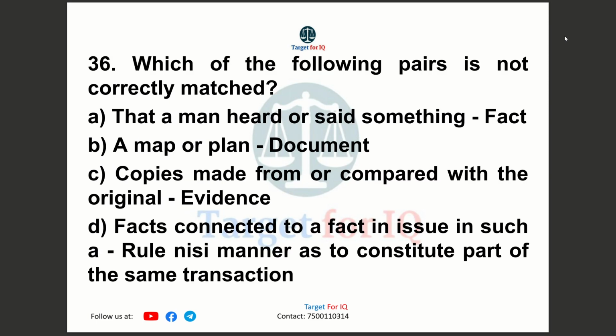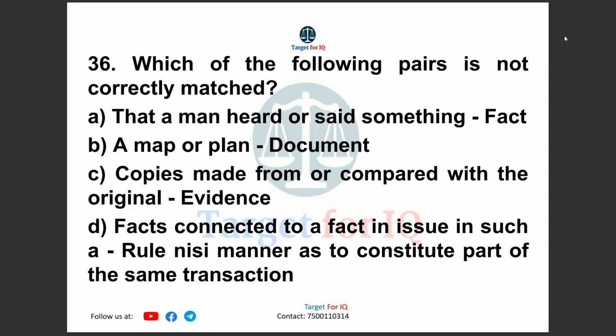Question number 36. Which of the following pairs is not correctly matched? Option A, that a man heard or said something is a fact. Option B, a map or plan is a document. Option C, copies made from or compared with the original is evidence. Option D, facts connected to a fact in issue in such a manner as to constitute part of the same transaction.